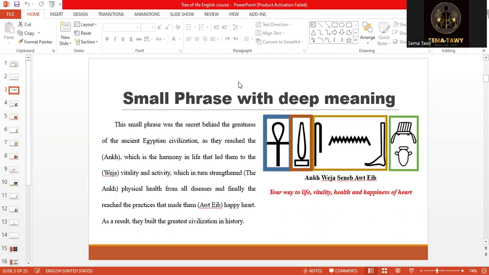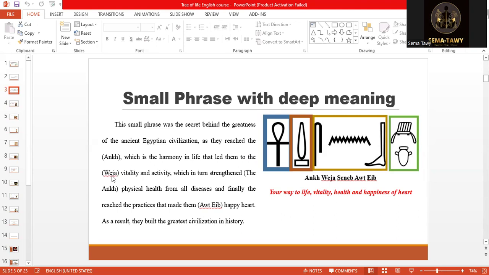If you are able to make this step, that leads you to Wija. If you live your life in harmony, you will be able to reach Wija. Wija means vitality, activity, strength, victory.